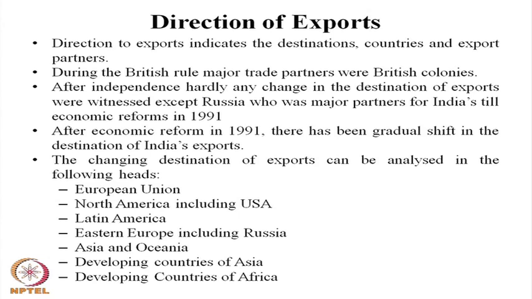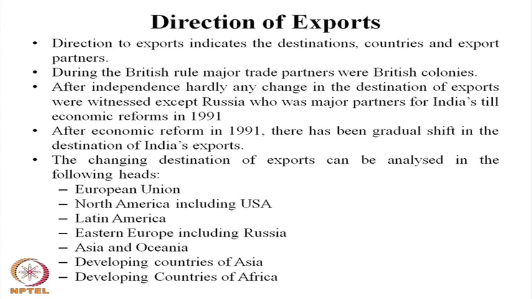While discussing export destination, let us divide it into the following parts: the European Union, North America including the USA, Latin America, Eastern Europe, particularly the Russia side, Asia and Oceania, and New Zealand and Australia.